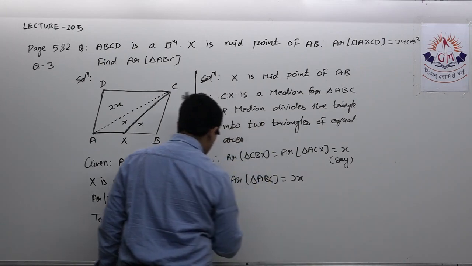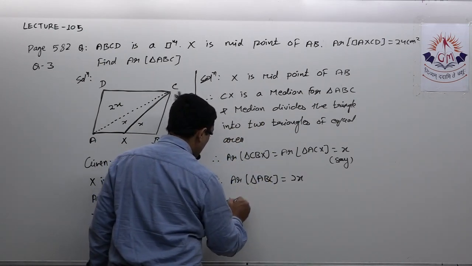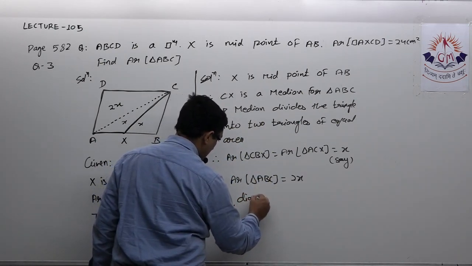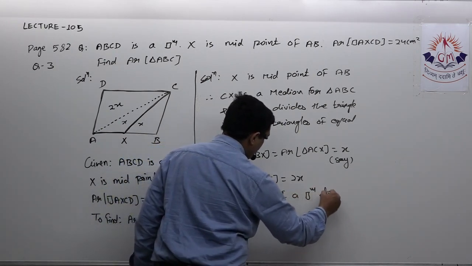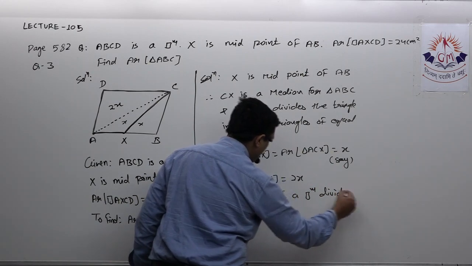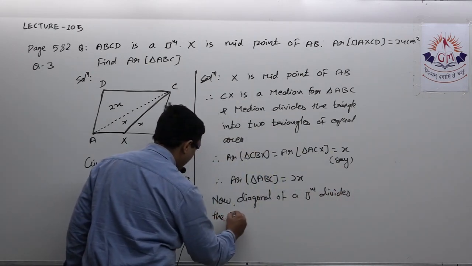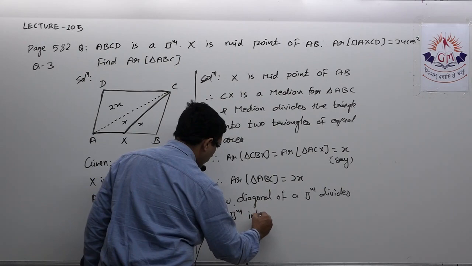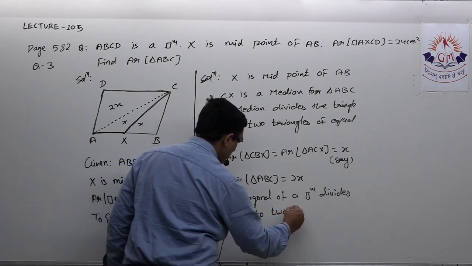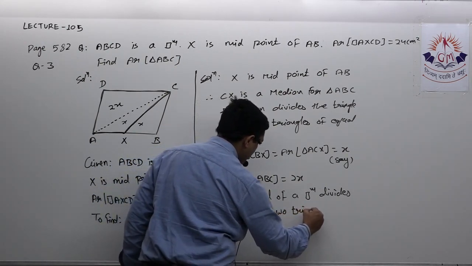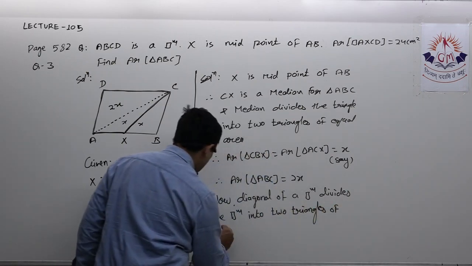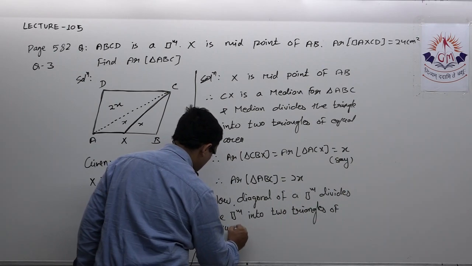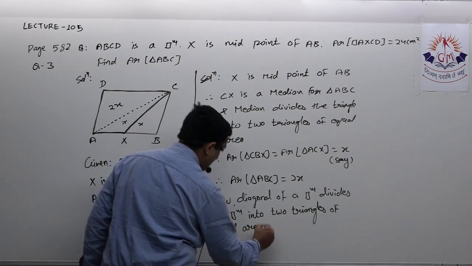Okay, now the diagonal of a parallelogram divides the parallelogram into two triangles of equal area.